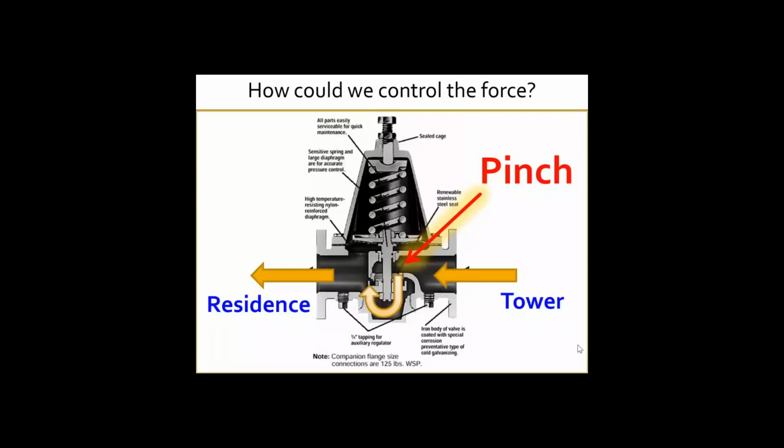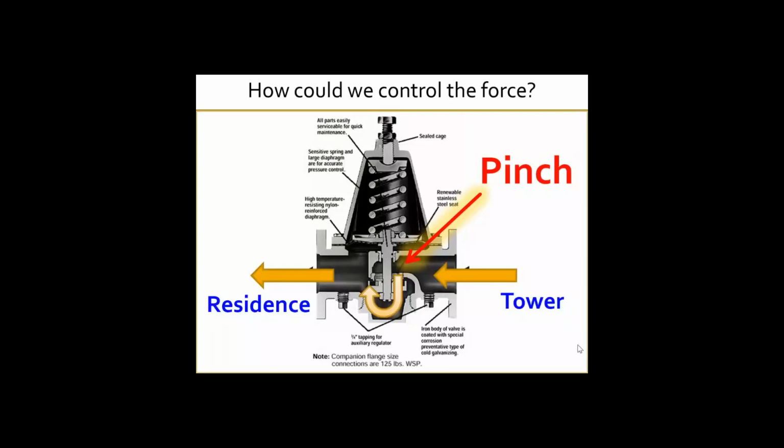So when you open a valve in your house, the water starts to flow out of the residence side of this regulator, the pressure drops, the spring takes over and forces open the valve, the tower sends more water in, and so it's always a balance between the backed up water pressure from your house and the residence side of this up against the spring tension.